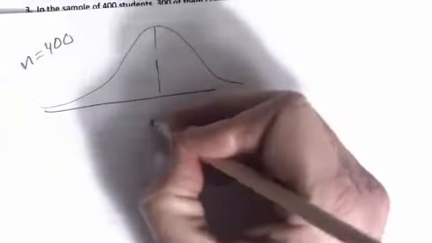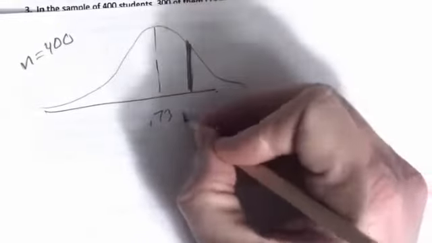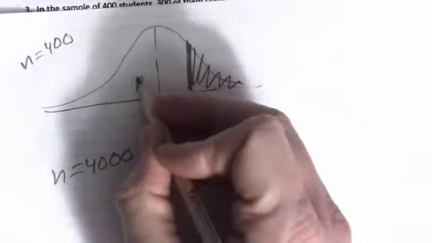In both of these distributions, here's the first one with a sample of size 400. Here's our sampling distribution centered at 0.73, and 0.75 is about right here. So it's reasonable. The probability of that occurring or larger is reasonable. What's happening with a sample of size 4,000, and every value on here is a p-hat.